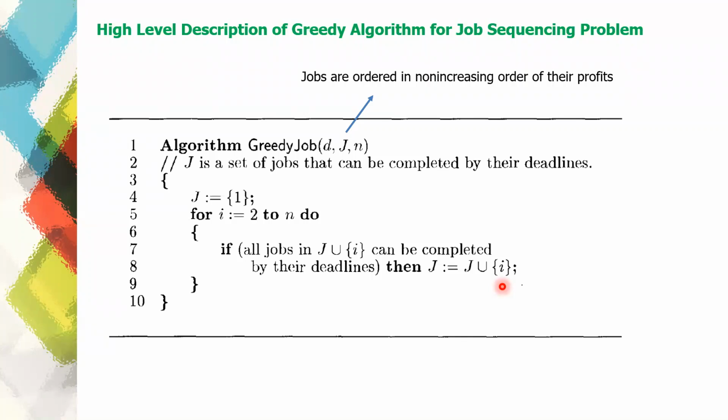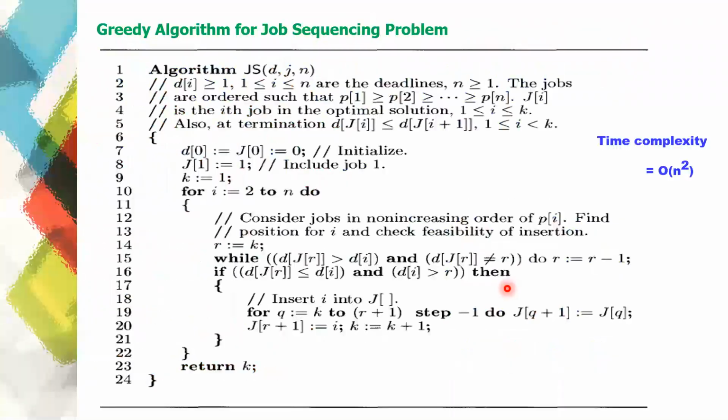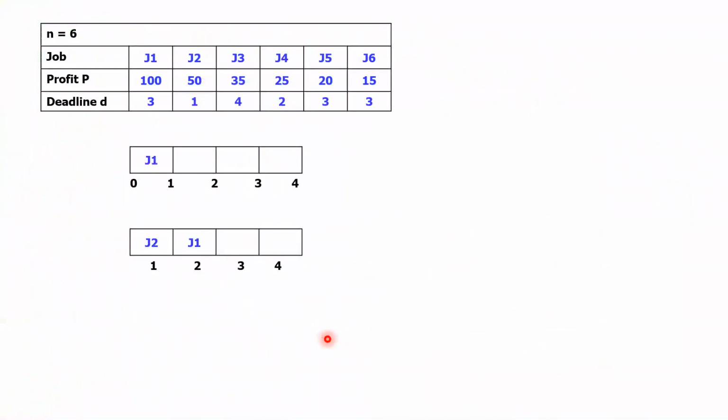For that, we have this algorithm with a low level of detailing, which will decide whether the ith job must be included into the solution or not, and if so, into which time slot this i has to be fitted. For this, I'm going to work out a simple problem.